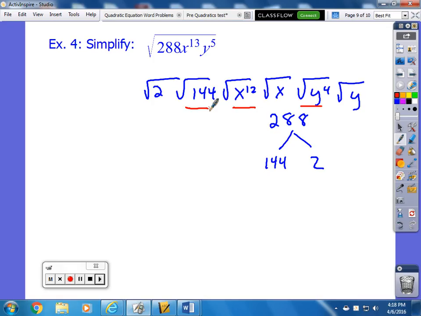I'm underlining the perfect squares in red, and they're coming out from the radical.